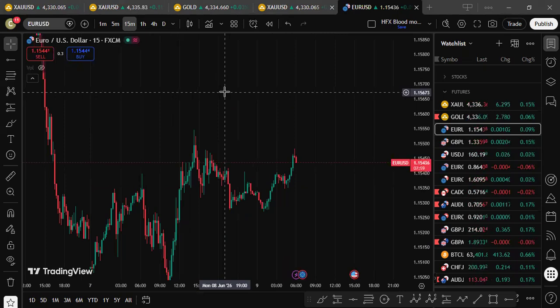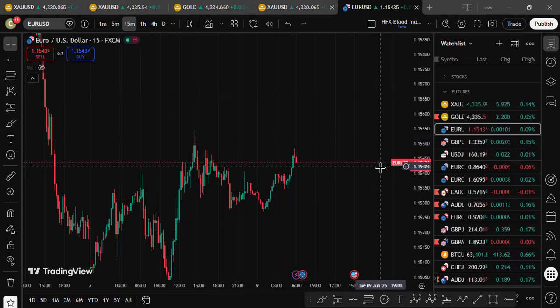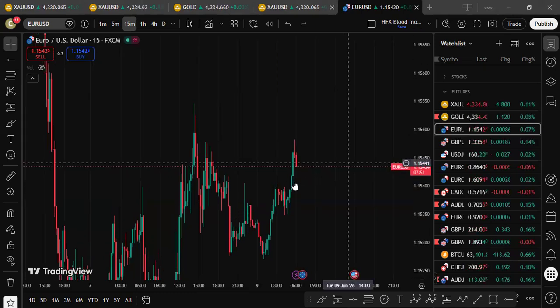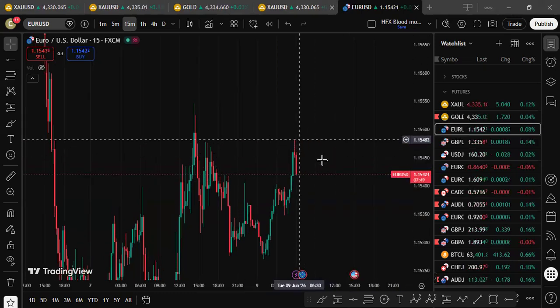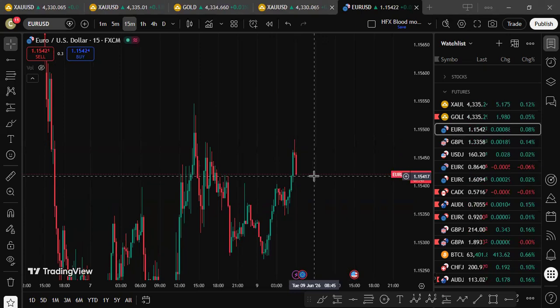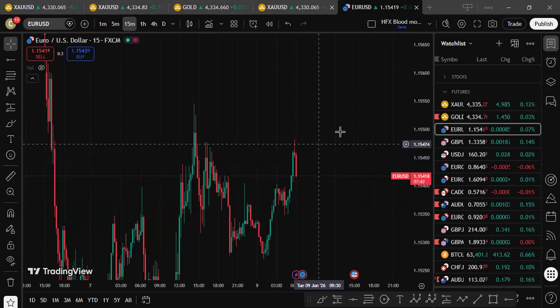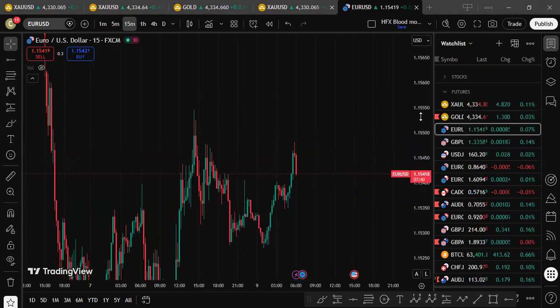Let's say, for instance, EURUSD. This is simply a tug of war between the euro and the dollar. So at every point in time, one of these currencies is gaining over the other.